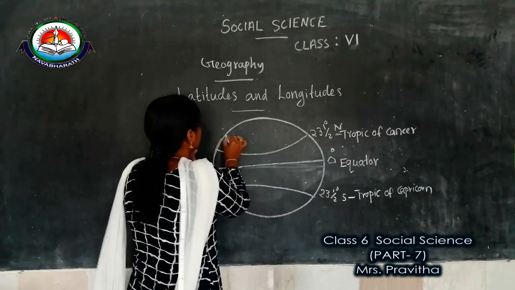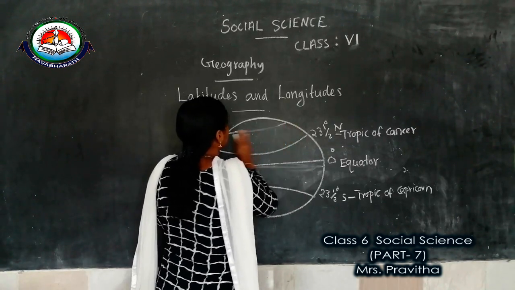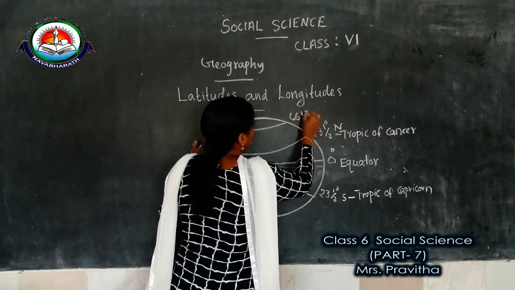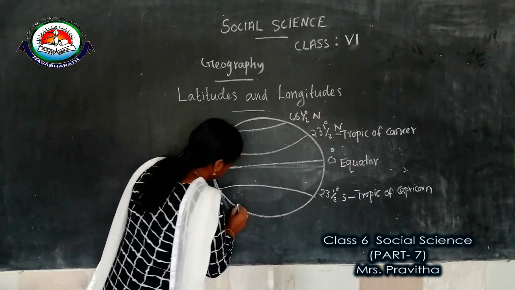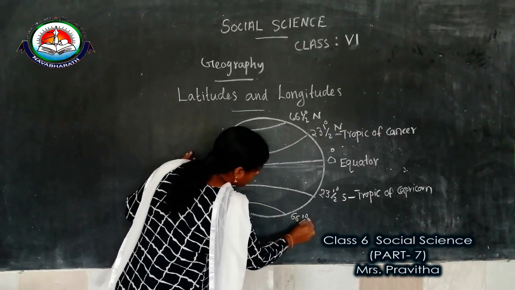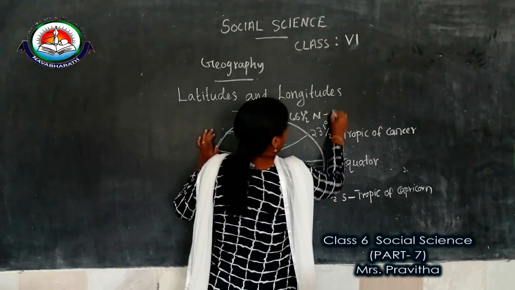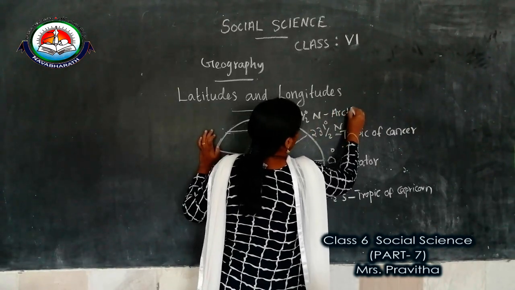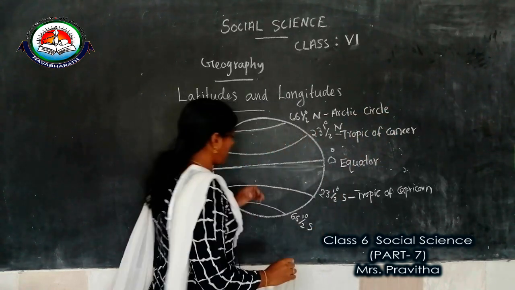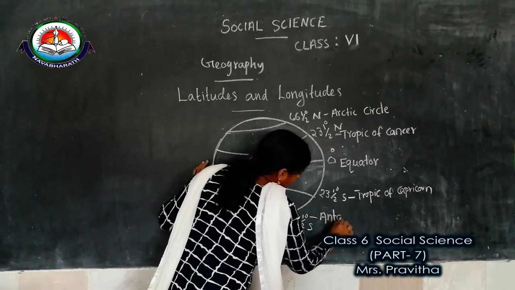Then 66 and half degree north and 66 and half degree south. 66 and half degree north is known as the Arctic Circle. 66 and half degree south is known as the Antarctic Circle.